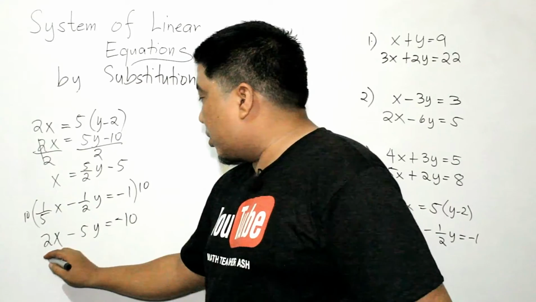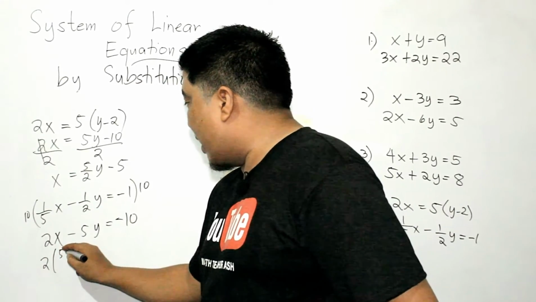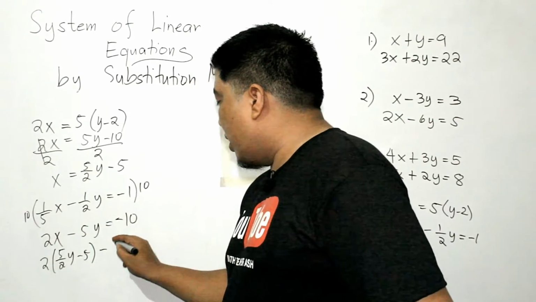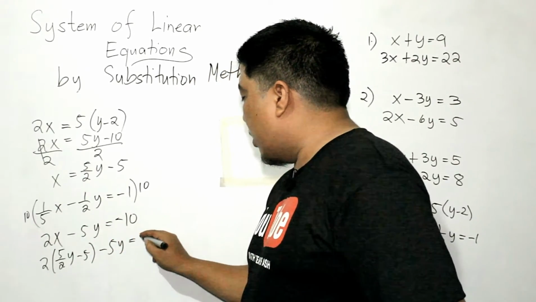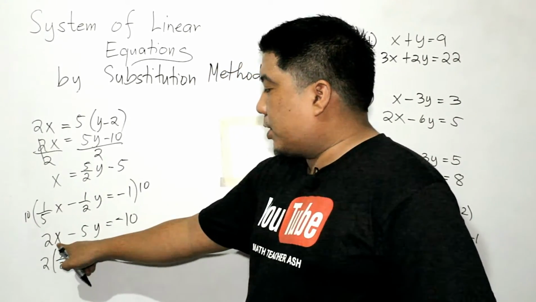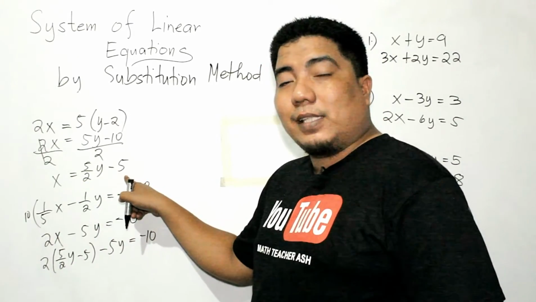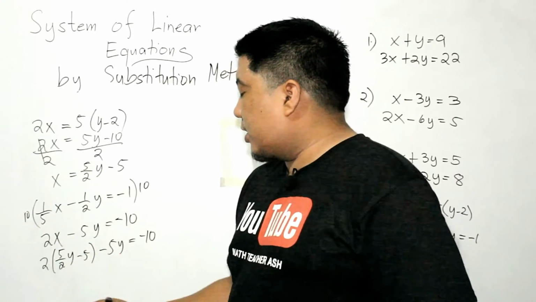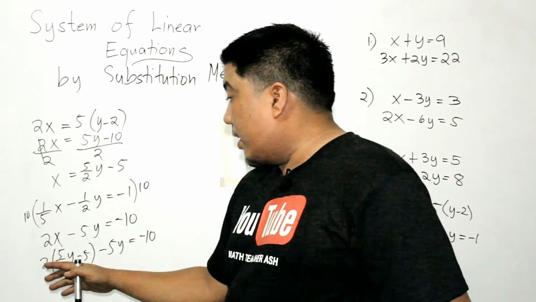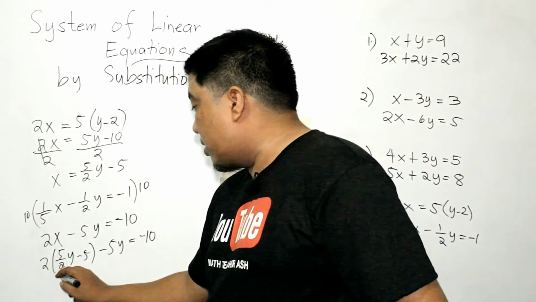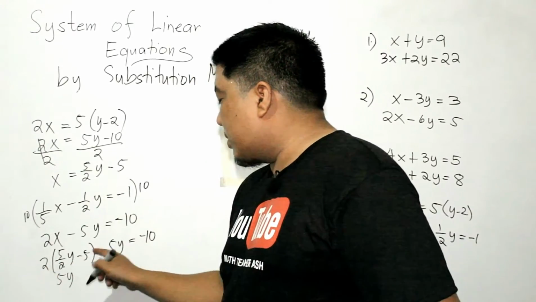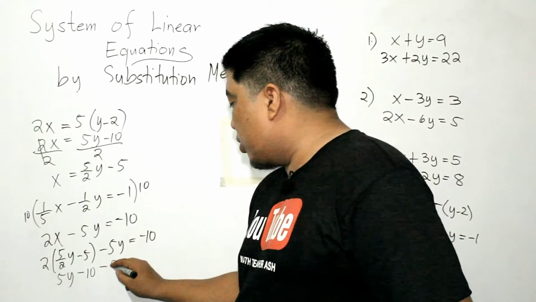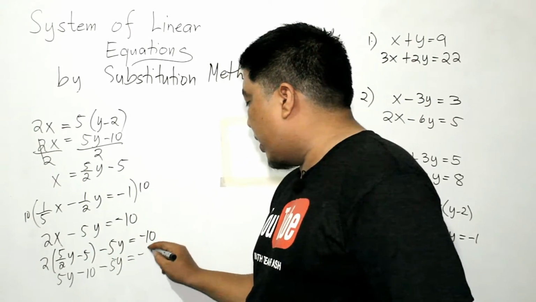So, I will substitute. So, 2 times 5 over 2 y minus 5, minus 5y is equal to negative 10. I just substituted my x with my x in the first equation. Okay, so now I will distribute 2 times 5, that is 10, divided by 2, that is 5y. 2 times negative 5, that is negative 10, minus 5y is equal to negative 10.